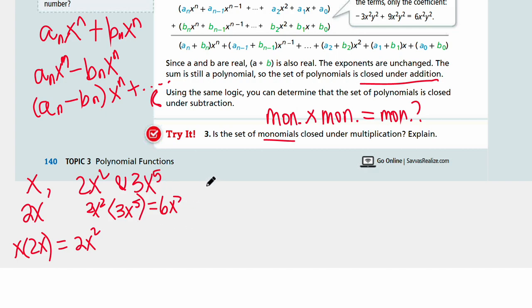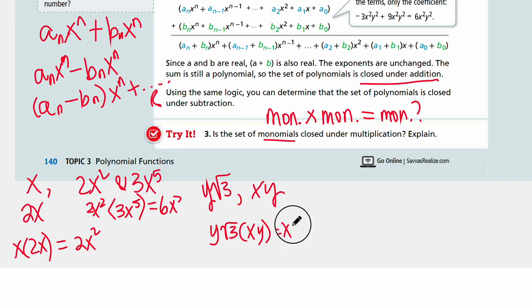Let's see if we have a different variable with different numbers. So root 3 and then multiply by a y. So y root 3. And let's think about xy. If we multiply these, y root 3 times xy, we are going to get xy squared root 3, right? Is this a monomial? Yeah, it's still a monomial.